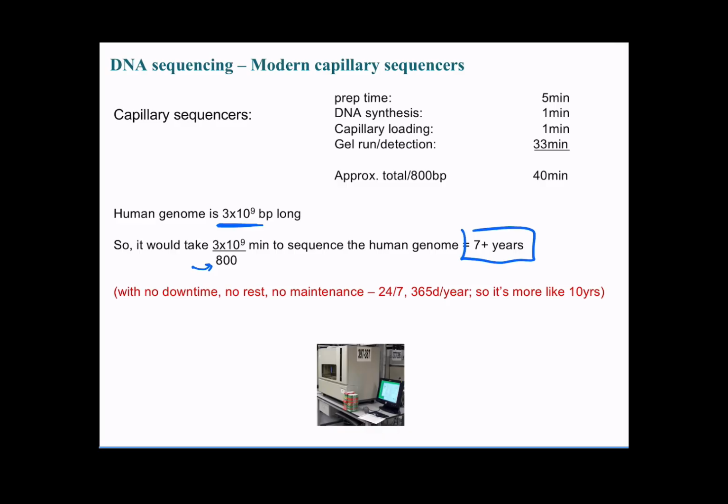And that is assuming that there is no downtime, that every sequencing reaction is immediately after each other. We don't give these machines a break. We don't give the operators a break. These things are running 24/7, no maintenance, every day of the year, right? When we factor in the fact that obviously nothing can operate at that level, it's more like 10 years, right?